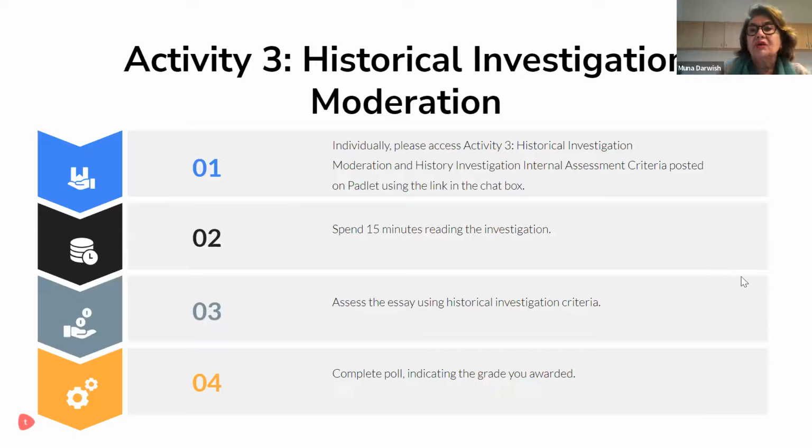Let's do the historical moderation of an investigation done by one of my students. I will give you 10 minutes to do that so that we can spend the last 5 minutes answering your questions. Okay, you can start. On the tablet, there is an internal assessment posted for you, and please do the poll.